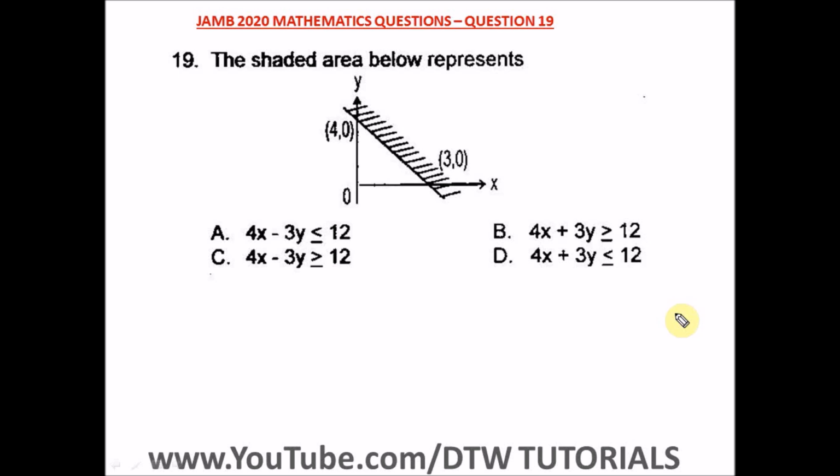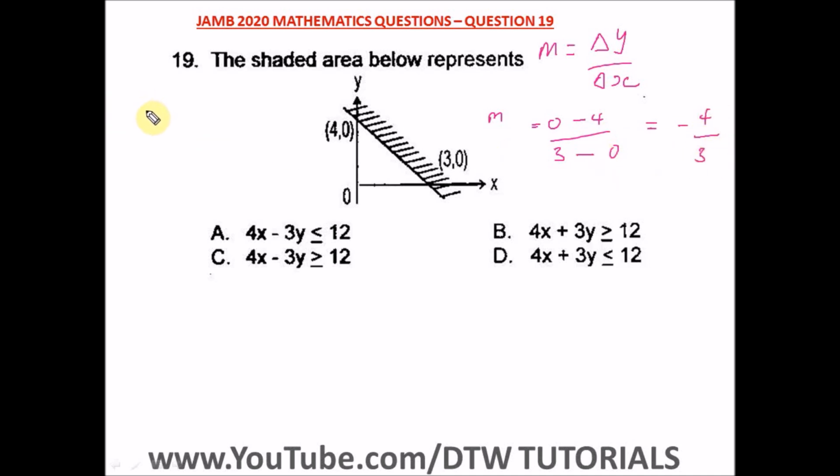So remember, gradient m is equals to change in y over change in x. So we have the two coordinates, so therefore our gradient m is equals to 0 minus 4 over 3 minus 0. So m is equals to minus 4 over 3.